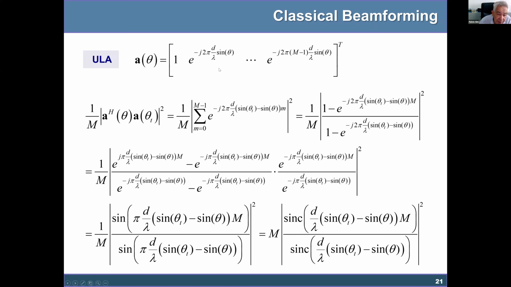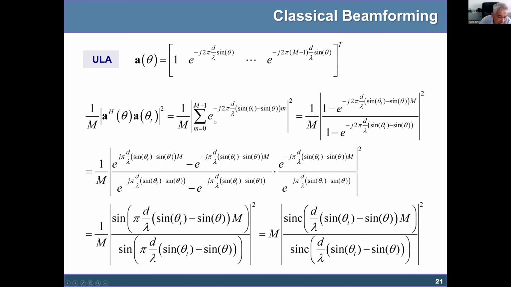And in place of Fs, I put explicitly d over lambda sine theta. So when you calculate the inner product between A Hermitian and A, what you get is a summation.